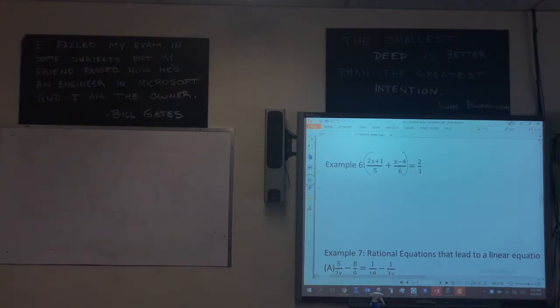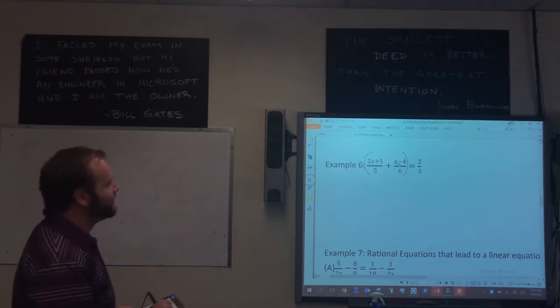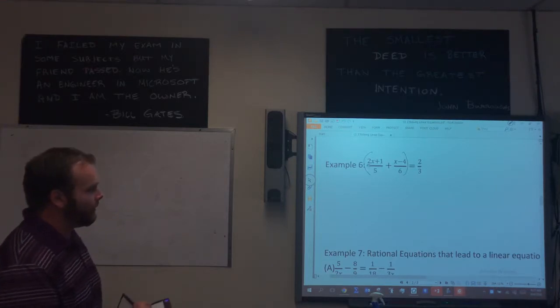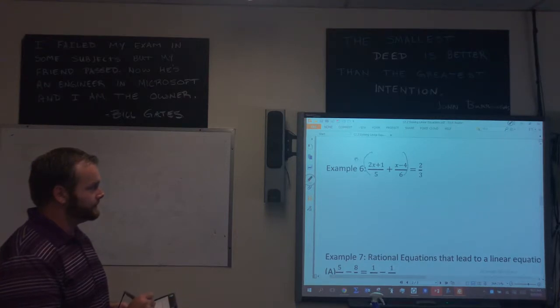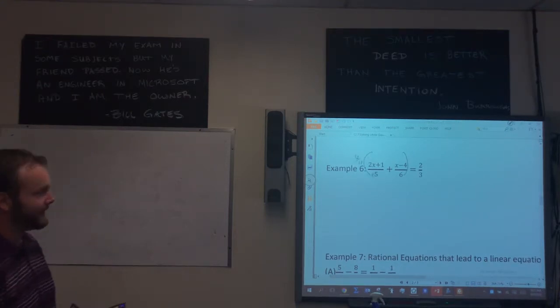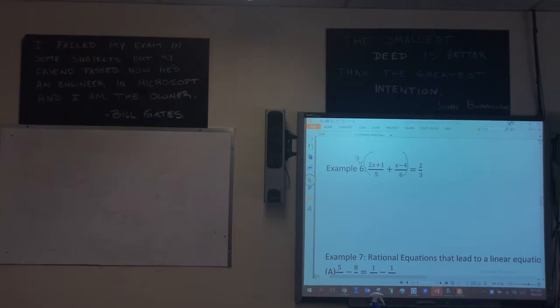So here's an option. What would be the LCD, the common denominator, so I can combine those two things? 30, right? So I'm going to multiply this one by 6 over 6 to make that a 30 in the denominator, and then multiply this one by 5 over 5.